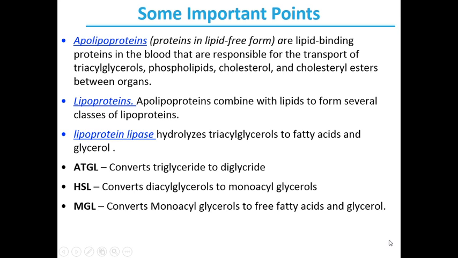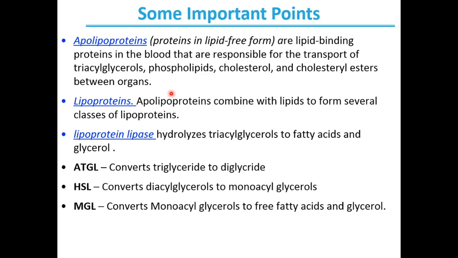In this slide, I would like to draw your attention to some of the key players involved in fat mobilization and transport. One of the key players is called apolipoprotein. Like I said before, these are proteins in lipid-free form and are lipid-binding proteins in the blood that are responsible for the transport of triacylglycerols, phospholipids, cholesterol, and cholesterol esters between organs.